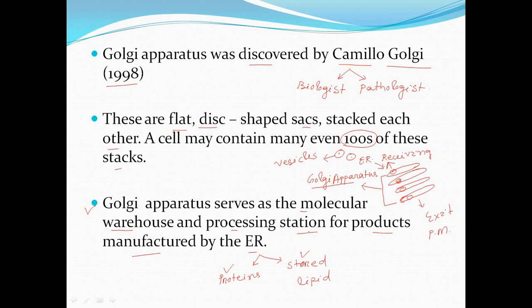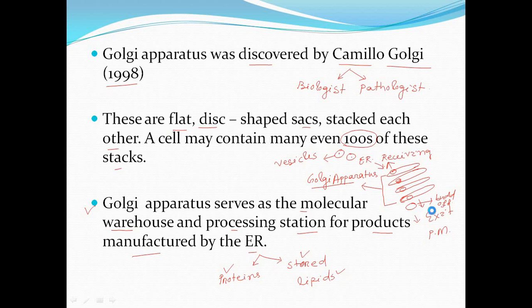That's why it is a processing structure for products manufactured by the endoplasmic reticulum, that is proteins and stored lipids. After processing, these vesicles bud off, detach from the Golgi apparatus and move towards the plasma membrane. I hope it is clear now.